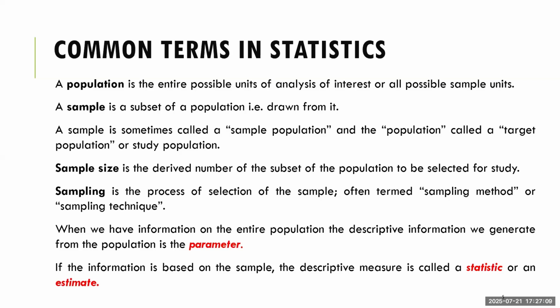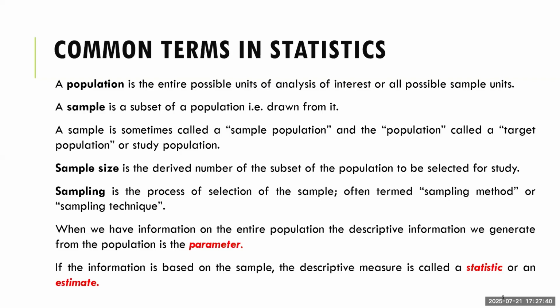If we were able to study the entire postgraduate students, that's the entire population, whatever summaries we make from that data are called parameters. For example, if I'm able to measure the weights of the entire postgraduate students of the University of Port Harcourt, if it were possible, the mean weight will be the population parameter.